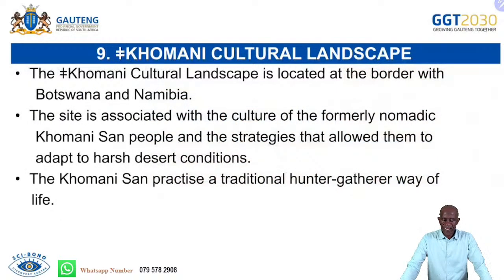The Khomani cultural landscape is located at the border of Botswana and Namibia. The site is associated with the culture of the formerly nomadic Khomani San people and the strategies that allow them to adapt to harsh desert conditions. So it's a very dry area.